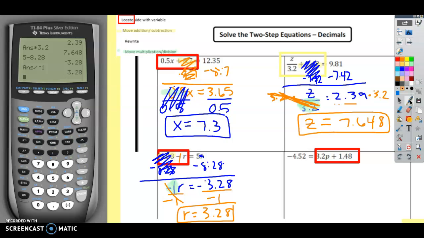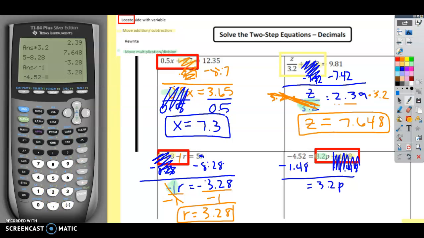All right, so from here, you should notice that you have an addition of 1.48, and then we've also got multiplying going on with my variable. So the yellow part comes first. We're going to subtract on both sides. And opposites cancel. We can cancel that out. Go ahead and bring down your 3.2p.